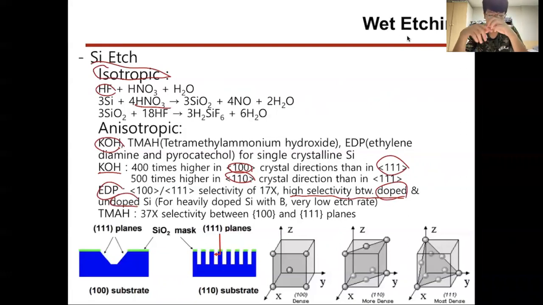And TMAH is better than the EDP, like here, a 40 times difference. Using this difference between crystal orientation and selectivity or etch rate, we can also make a film or a trench.